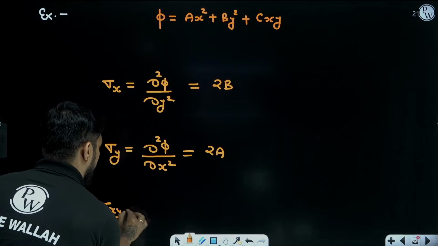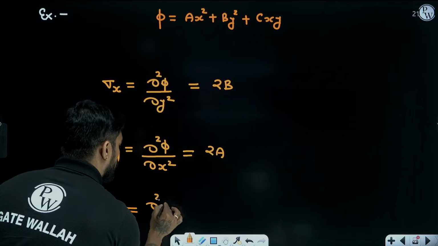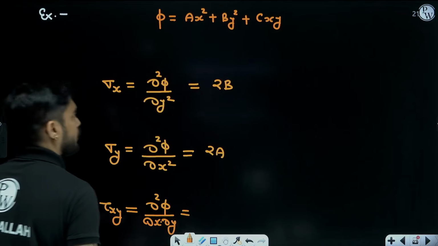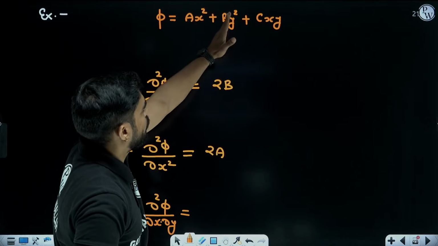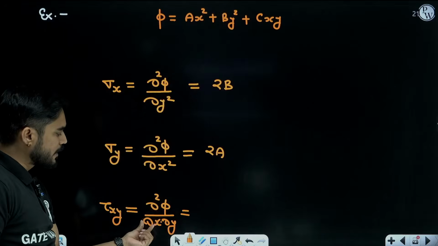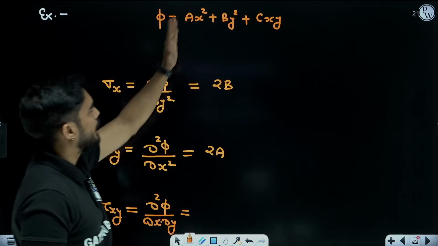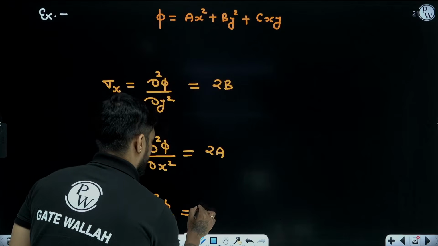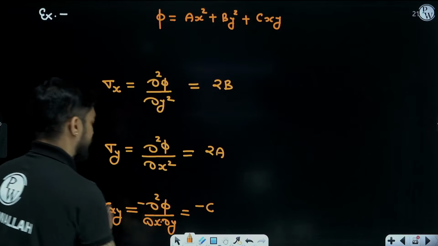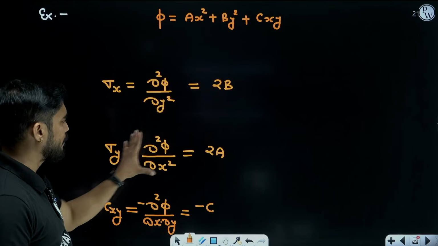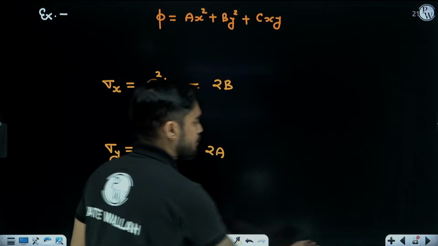Tau xy will be −∂²φ/∂x∂y. These two will become 0 because this has only x, this has only y, and we are differentiating with respect to x as well as y. So this will become minus c. This is negative. So sigma x will be 2b, sigma y will be 2a, and tau xy will be minus c.